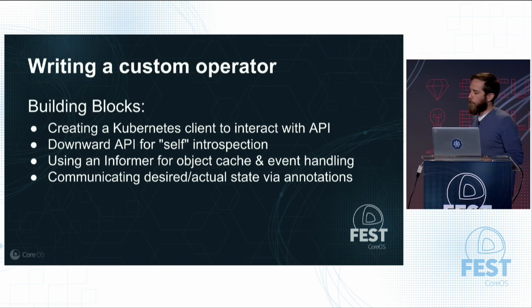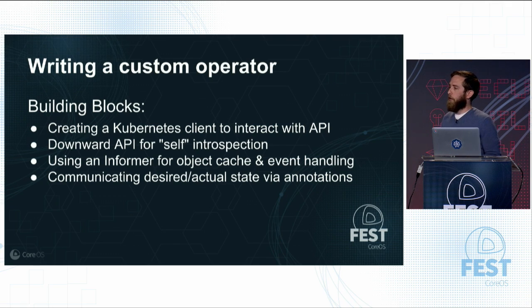The building blocks that we're going to go over are that we need to create a Kubernetes client to actually interact with the API. We're going to use something called the downward API to do some introspection about self. So when I talk about the agent only caring about updates to itself, we want to be able to somehow introspect that dynamically.